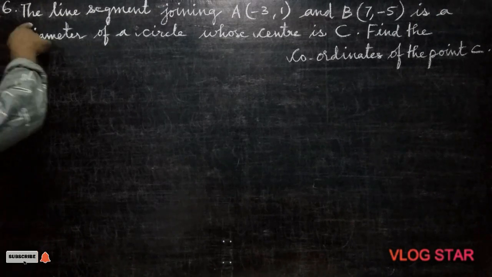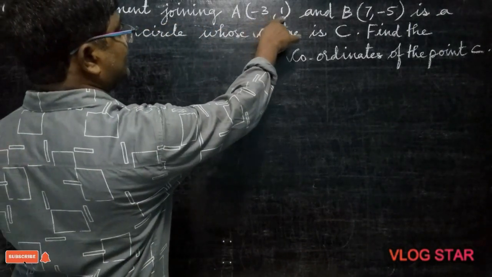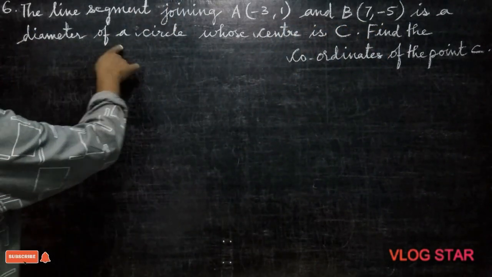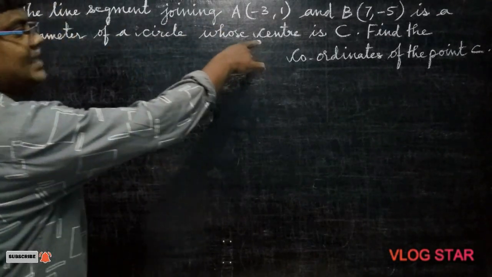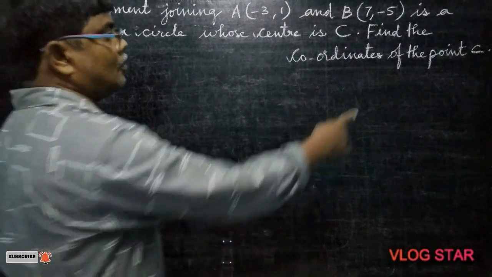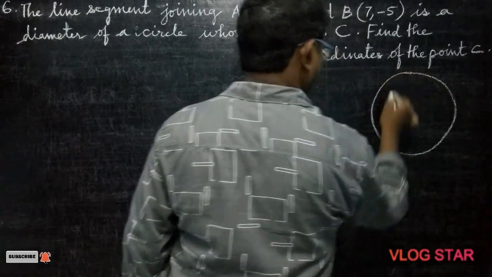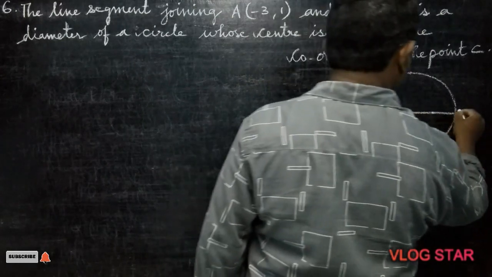Sixth problem. The line segment joining A(-3, 1) and B(7, -5) is the diameter of a circle whose center is C. Find the coordinates of point C. This is the circle and AB is the line segment.